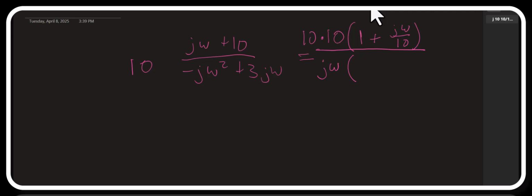and then I'm left with, let's see what happens. Then I have minus j omega plus 3.